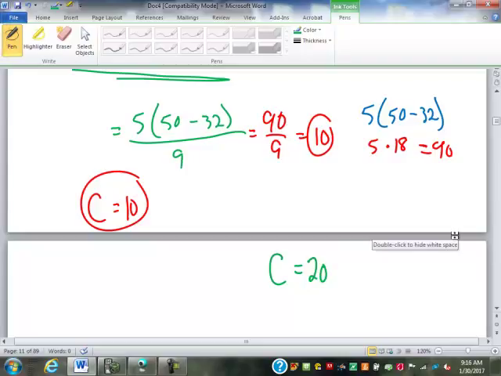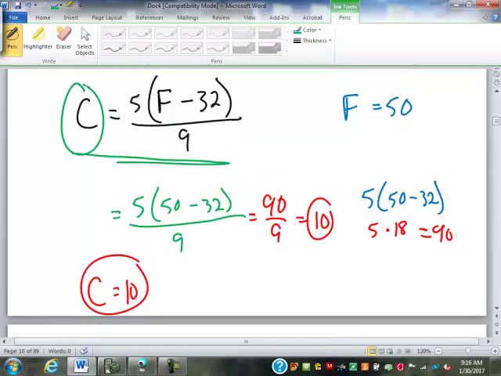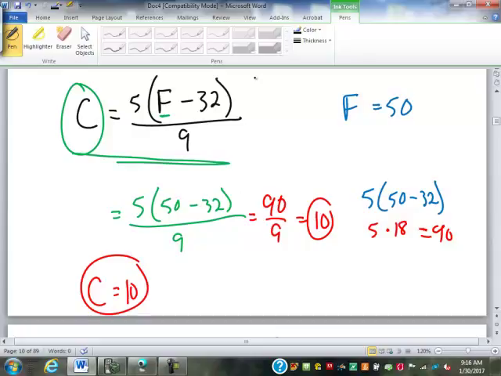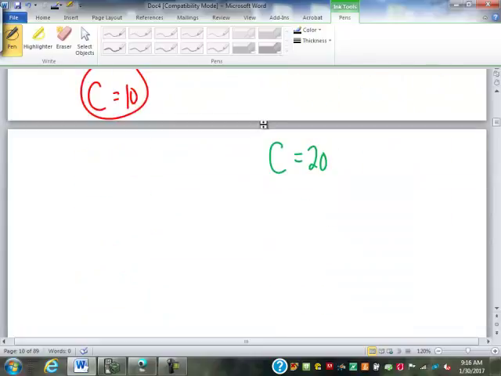We'll put the 20 in for C, and then we have to figure out what F is, working backwards. For now, we're going to give you a separate formula. The Fahrenheit temperature is equal to 9 times the Celsius temperature divided by 5 plus 32.